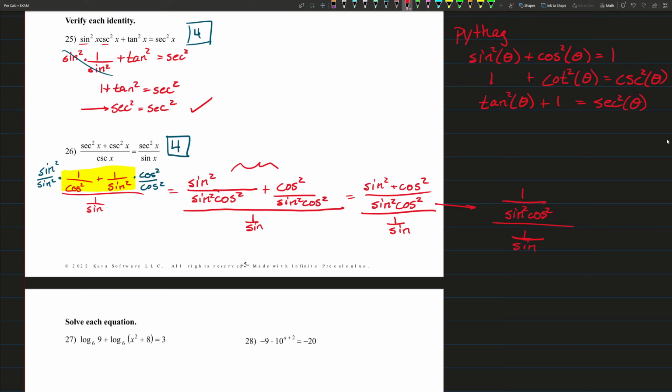So when we divide by a fraction, we're really multiplying by its reciprocal. So this is going to be equal to 1 divided by sine squared cosine squared times sine over 1. This sine cancels one of these sines.